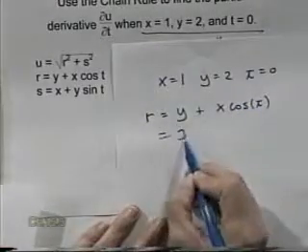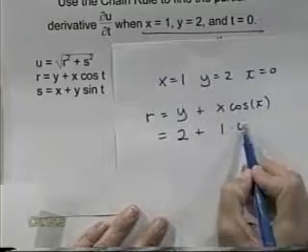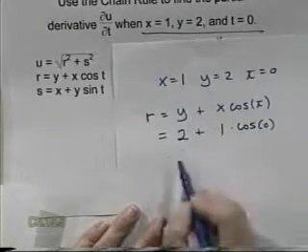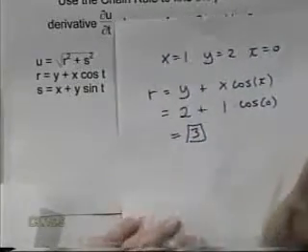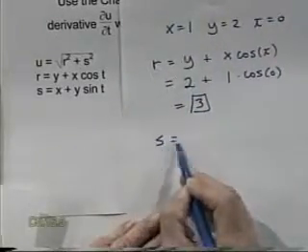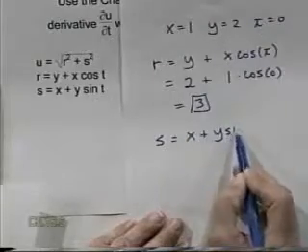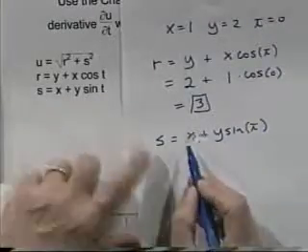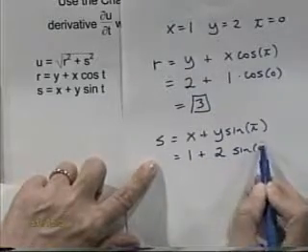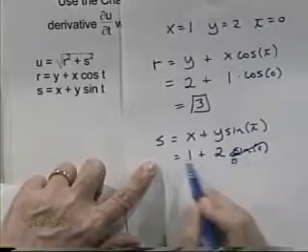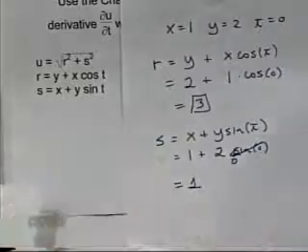So y is 2, x is 1, cosine of 0 is 1, so that's 2 plus 1, which is 3. And lastly, s is x plus y sine t. Plugging in 1 for x, 2 for y, and 0 for t, sine of 0 is 0, so this is 1 plus 0, which is 1.